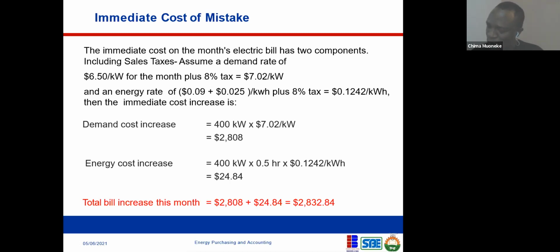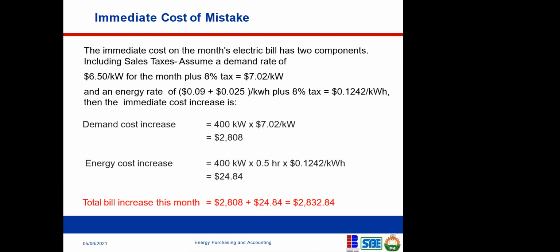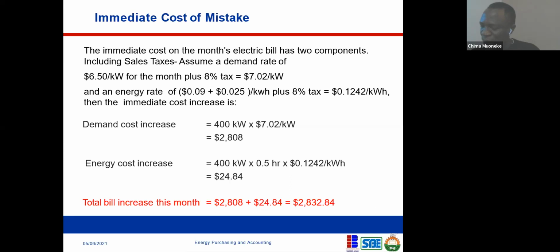What do we get? 400 kilowatts times 6.5 is 2,600. Now let us add all of this together: 2,600 plus 5 plus 18. What do we have?